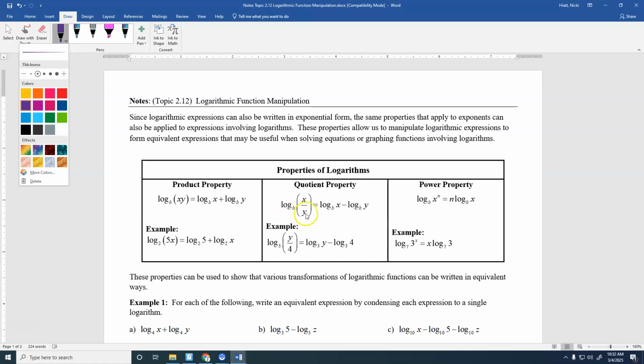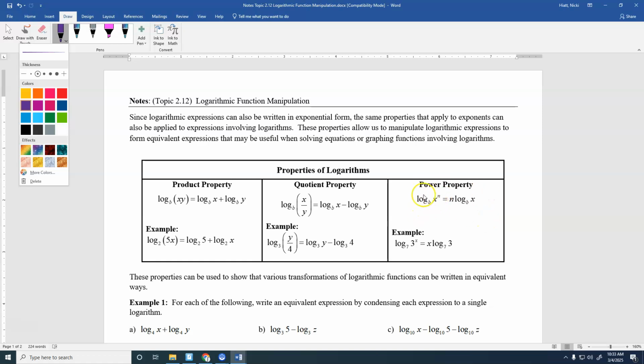For the quotient property, if you have two things inside of your parentheses that are divided, then you can break it up using a subtraction sign. So something like log base 3 of y over 4 would equal log base 3 of y minus log base 3 of 4. And then the last property is your power property.